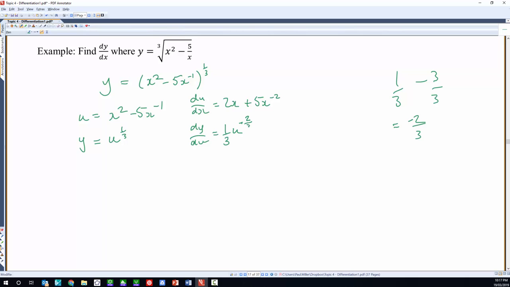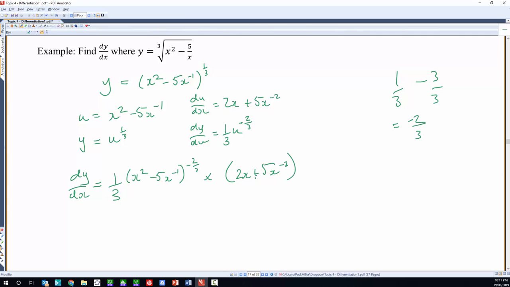So the power is going to be -2/3. Right, let's use the chain rule. dy dx equals the derivative of the outer, 1/3 u to the -2/3, which is this, multiplied by the inner, remembering to use our brackets, 2x plus 5x to the -2.